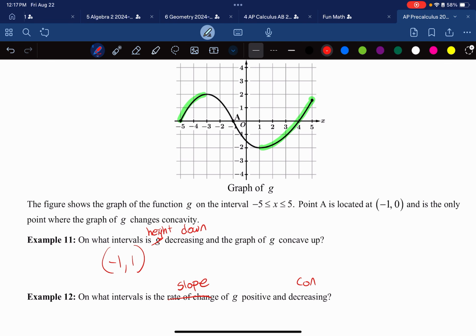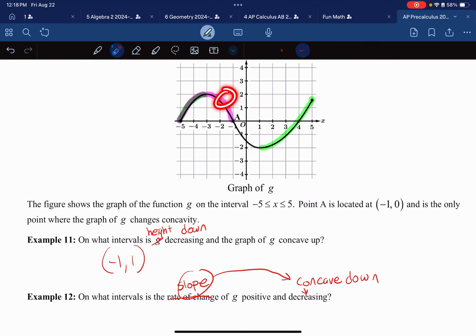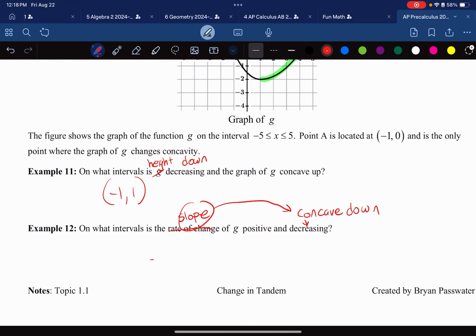This one word right here in conjunction with slope means concave down. Where am I concave down? Let me re-highlight that in a different color and see where we have overlap. I'm concave down, rainbow there, and I'm concave down nowhere else. Where do we have overlap between our purple and our green? Only in this one interval between -5 and -3. So it's only between -5 and -3.